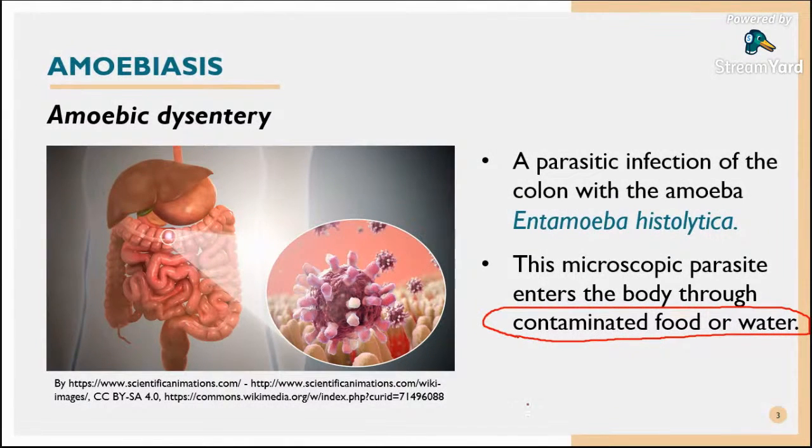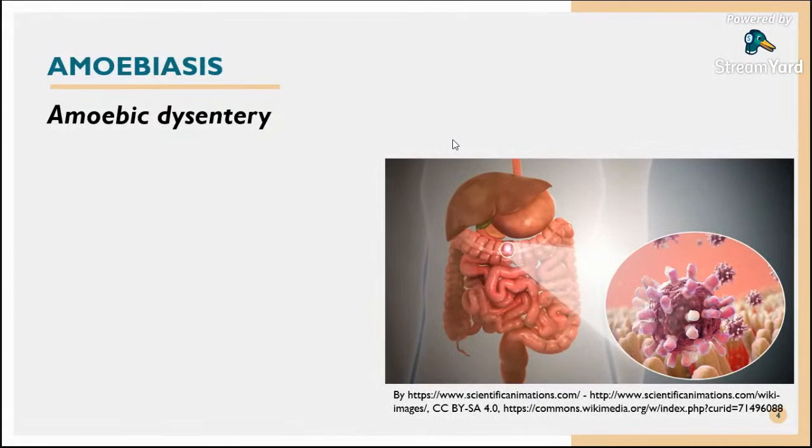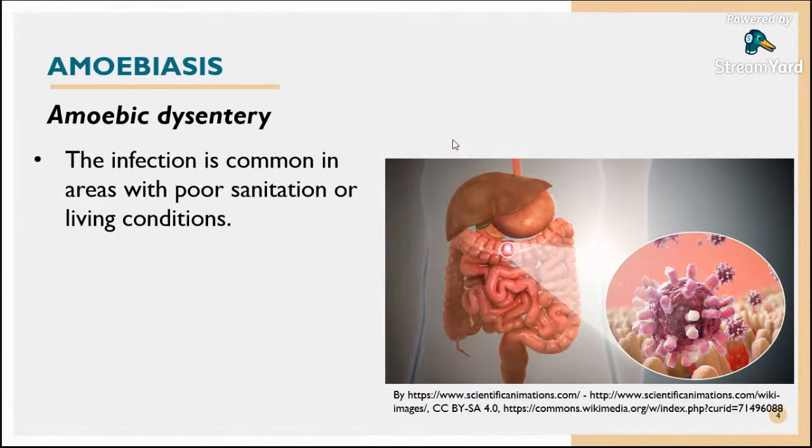If the food or water we drink is contaminated with the amoeba, Entamoeba histolytica, then amoebic dysentery may occur. In that condition, the infection is common in poor sanitization or living conditions.